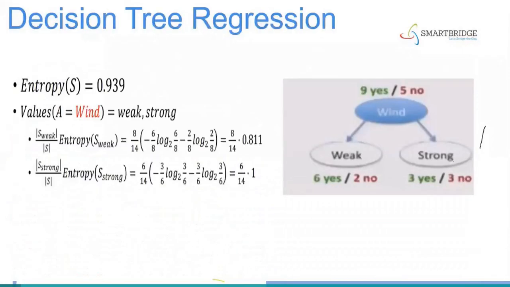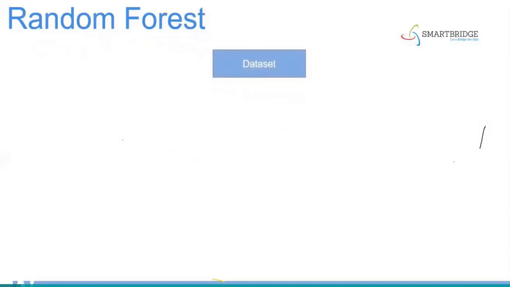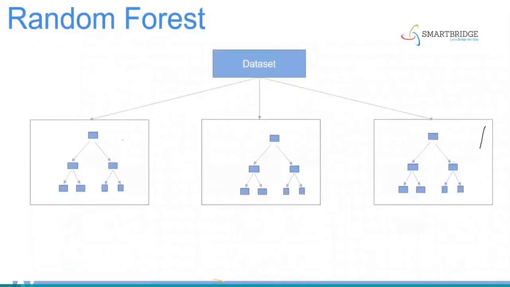Now, random forest is nothing but different decision trees. So the data set is divided into different data sets. For each data set, a decision tree is found.